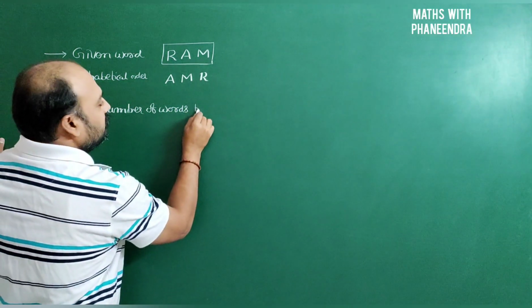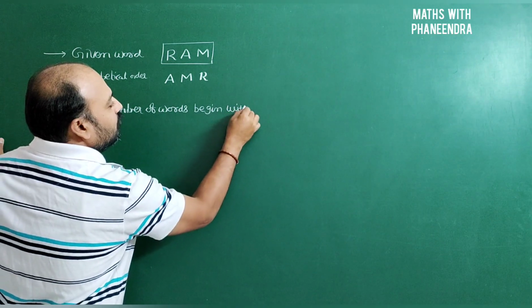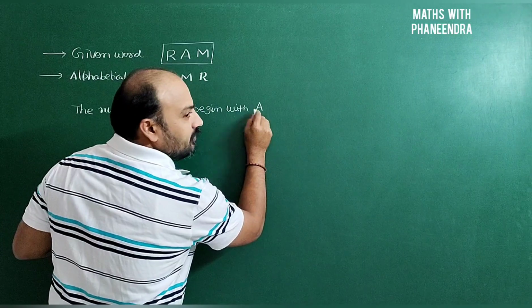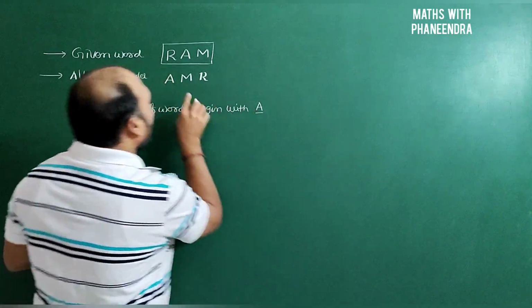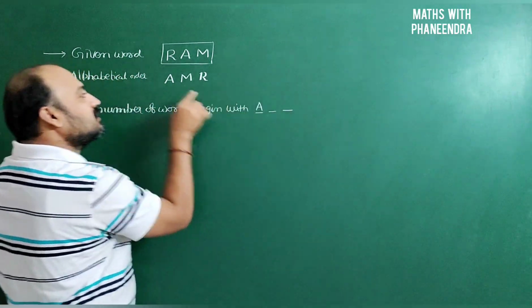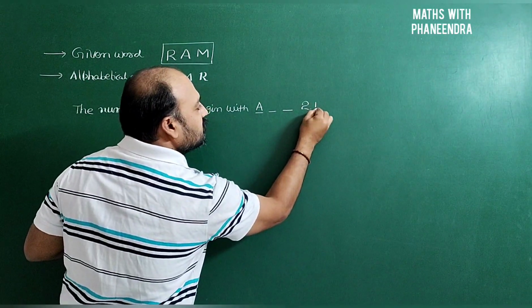which begin with first A, begin with A. So the first place can be filled with A. Remaining how many places are there? 2 places. These 2 places can be filled with M and R in 2 factorial ways.